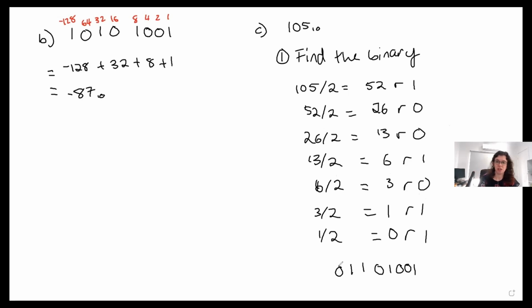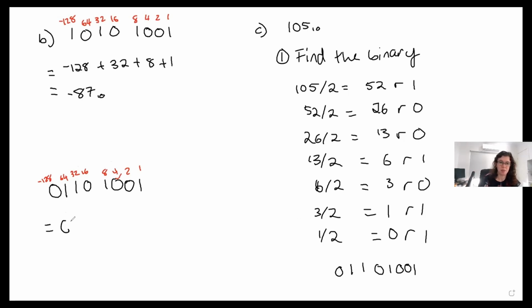And again, if you wanted to convert that back, so if you wanted to see what this number was using 2's complement, you can write in your place values, 1, 2, 4, 8, 16, 32, 64, and negative 128. Sorry, my Wacom just disconnected for a second, we're back.